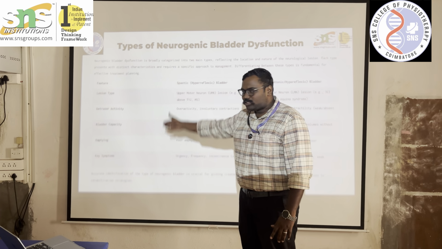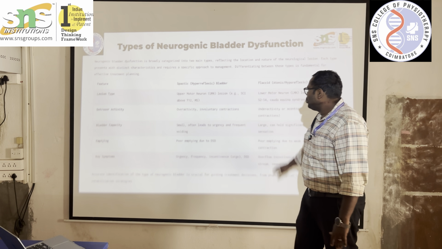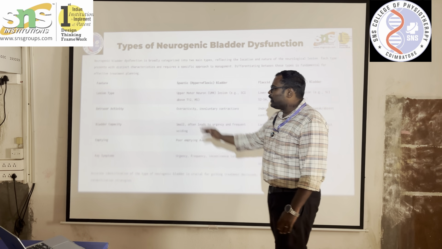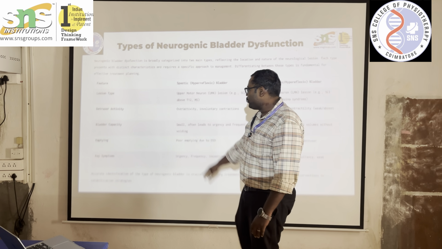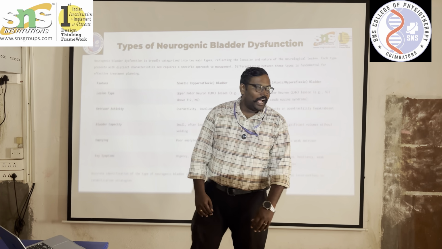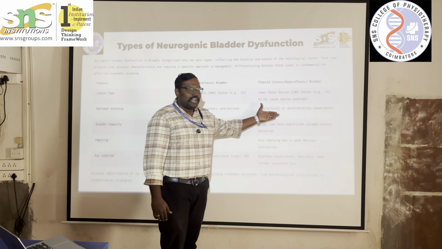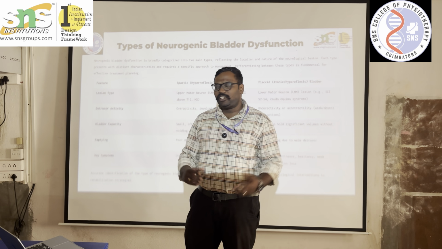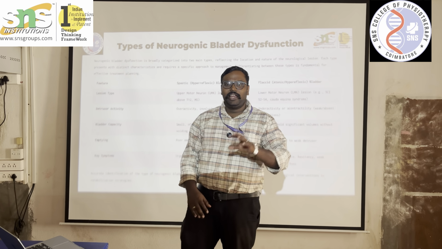Based on these, it is divided into spastic, an upper motor neuron lesion, and flaccid, a lower motor neuron lesion. Detrusor activity goes to overactivity in the spastic type, and to underactivity in the flaccid type.